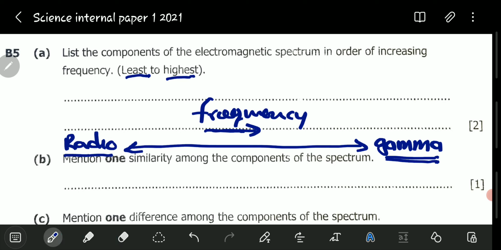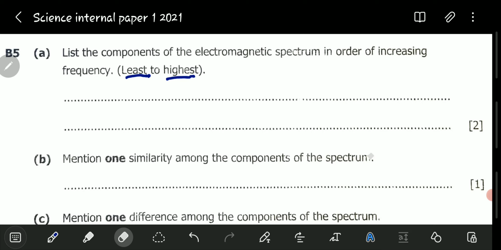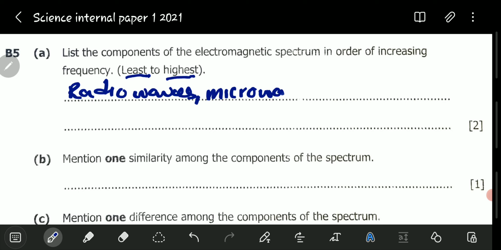Now, we start mentioning them starting from radio waves and ending with the gamma rays. So we'll start with radio waves, comma. After radio waves, what comes are microwaves. After microwaves, we have infrared.